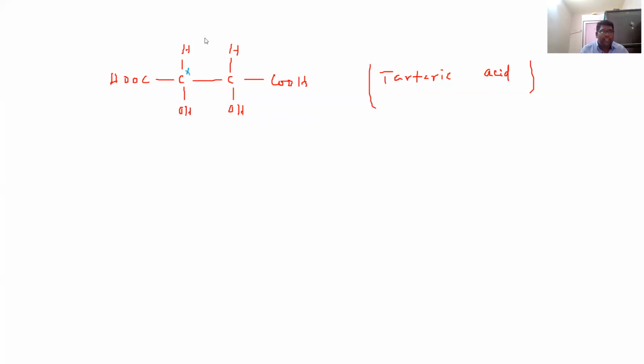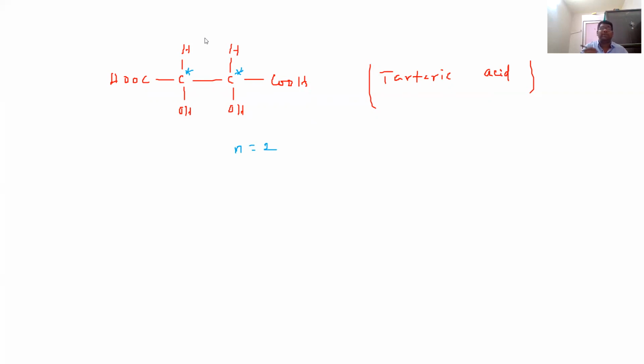Definitely 2 chiral centers. What is a chiral carbon? If the groups or atoms attached to the carbon are 4 different ones. So here 1, 2, 3, 4. Therefore n is equal to what? 2. n is equal to 2.